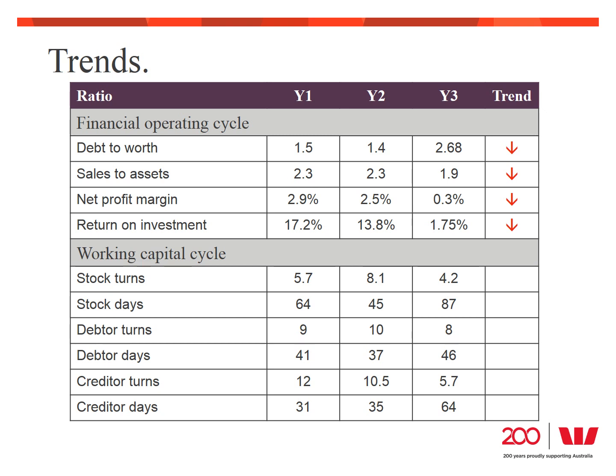Then looking at her working capital cycle ratios, we can see that it's taking her longer to sell her stock, longer to collect her debtors, and longer to pay her creditors. So her cash flow is suffering too. Now, while these ratios might seem to be all bad news, take heart from the fact that at least Anna is now aware of where she can make some improvements to turn her business around.